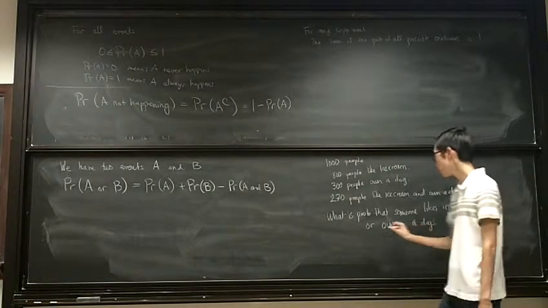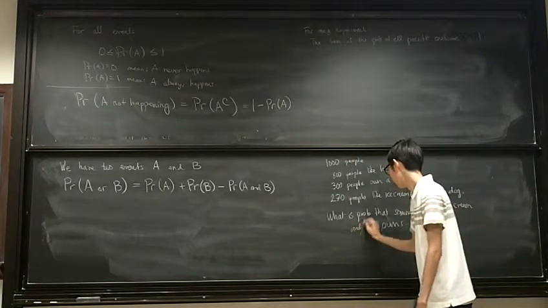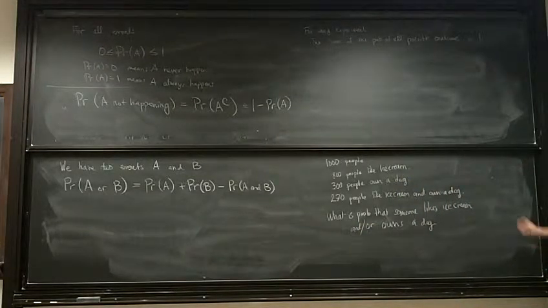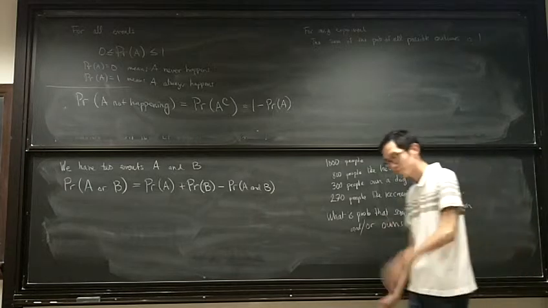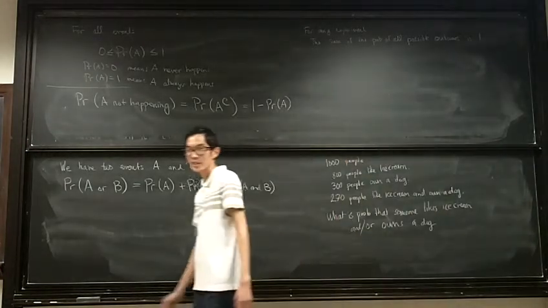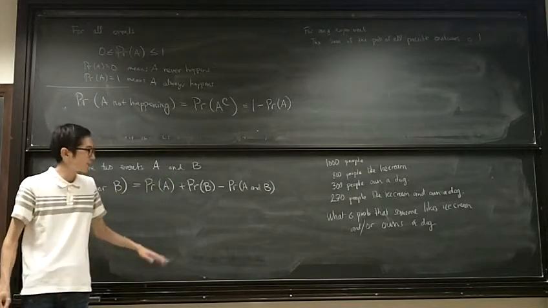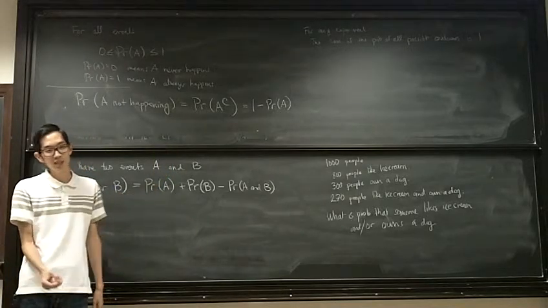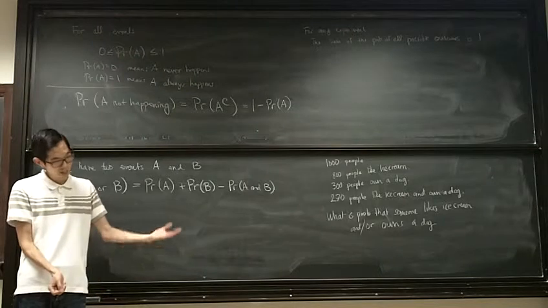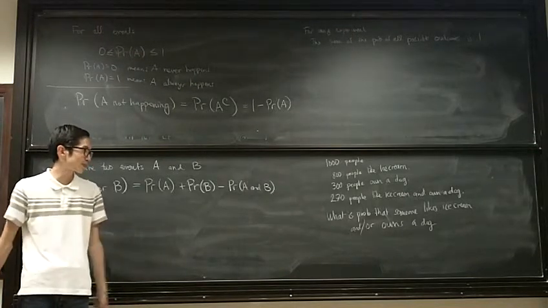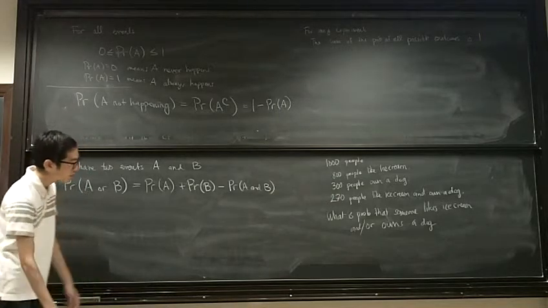Anytime you see an or, it's an and/or. So if you like ice cream and you own a dog, you're still cool. If you like ice cream but don't own a dog, that's alright. If you own a dog but don't like ice cream, that's also okay. But if you don't own a dog and you don't like ice cream, we don't like you.